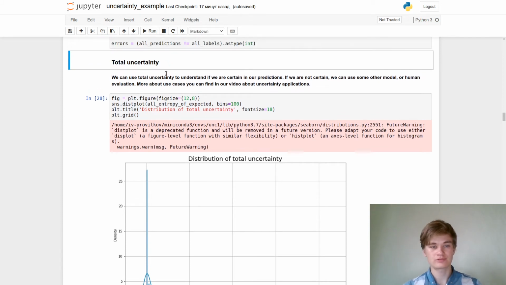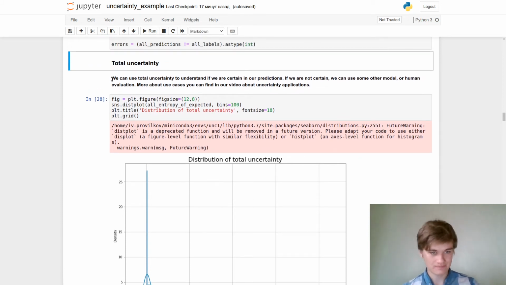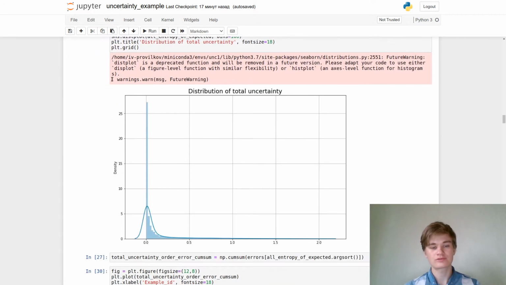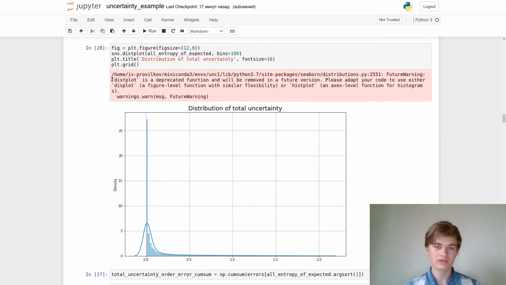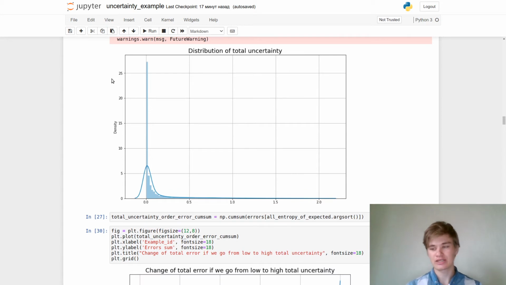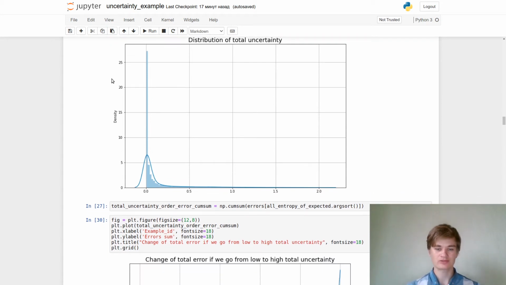Let's show what we can do with total uncertainty. We can use total uncertainty to understand if in general our predictions are confident. So if we could trust our model. This is the distribution of total uncertainty.